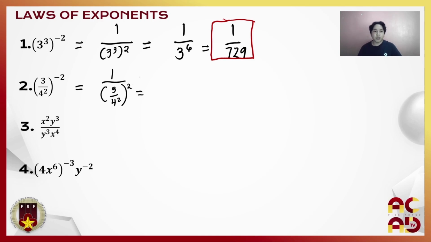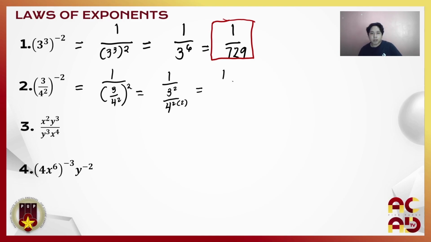Okay? Now, we can distribute this squared to the numerator and denominator. So it becomes 1 over 3 squared over 4 raised to 2 times 2.